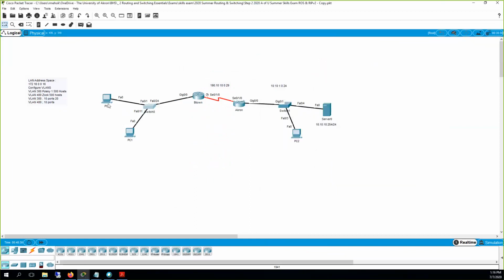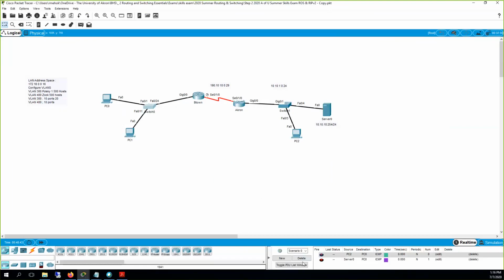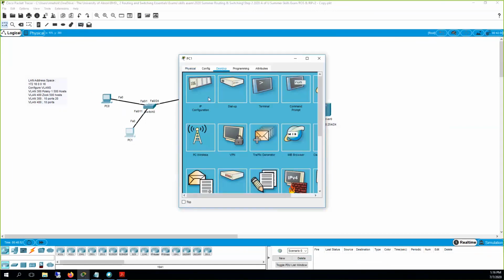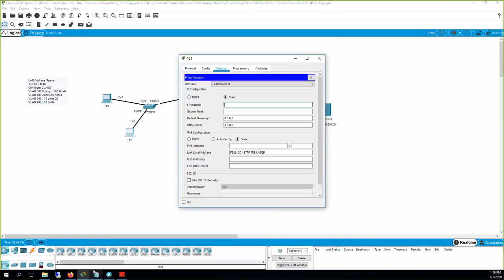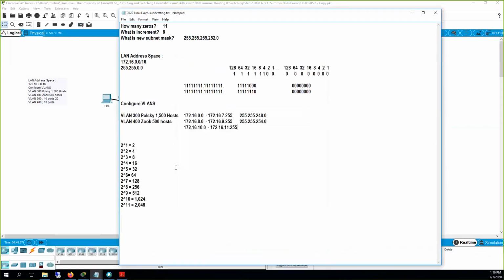So verify quickly. These PCs can ping. We'll do it the quick way. If they ping, then we know that it actually goes up to the router, encapsulates. So we didn't set an IP on PC1. So if we look at our subnetting real quick, it's got to be 8. We'll do 8.10.